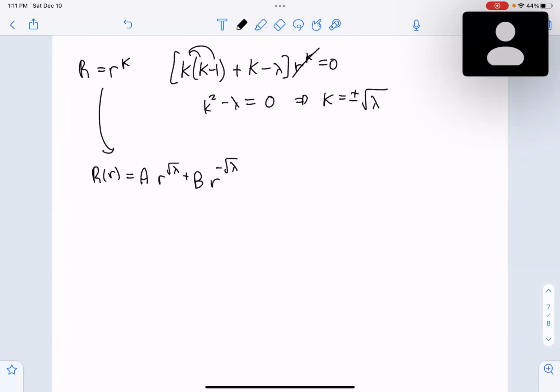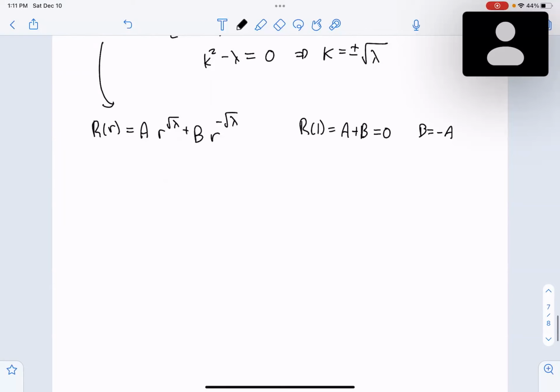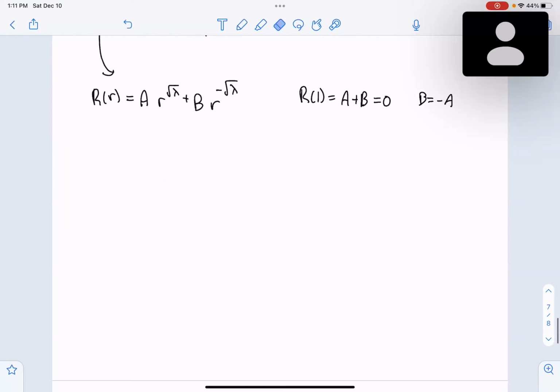And now we just want to see what we can do by applying our boundary conditions, hopefully reduce this equation to some extent. So we're going to go R(1) is equal to A plus B is equal to 0. We have B is equal to negative A.